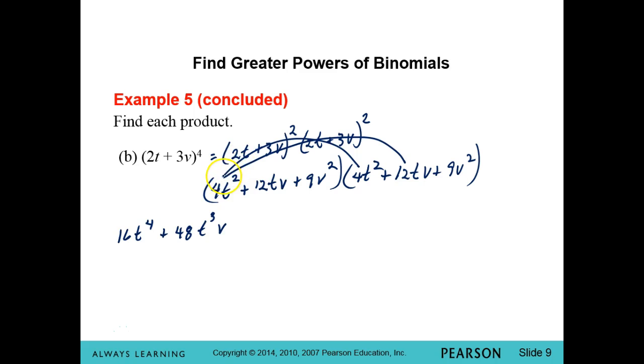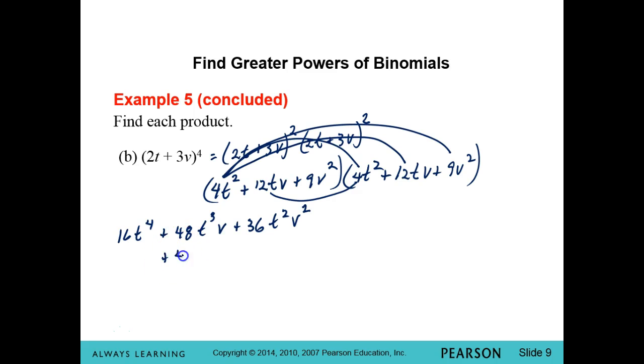And then the first times the third will be plus 36t squared v squared. Don't forget your signs in there. You doubled tv, didn't you? No, you didn't. Okay, never mind. All right. Now we're going to do the second times each of the others. So that will be this one.